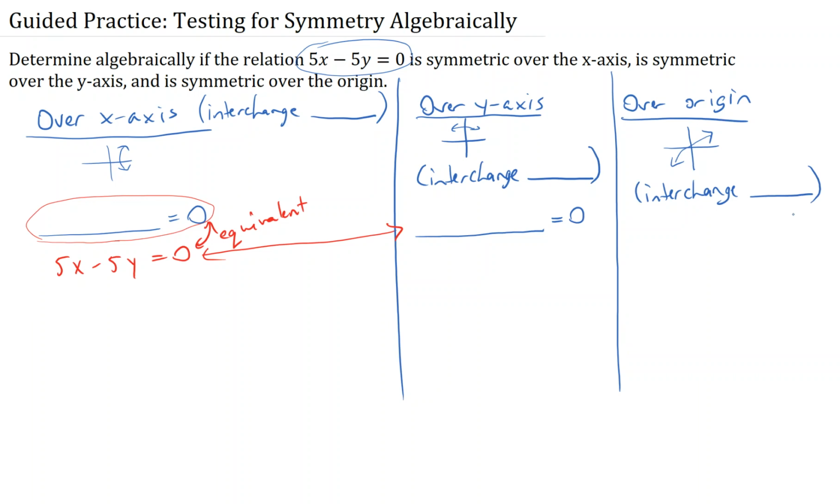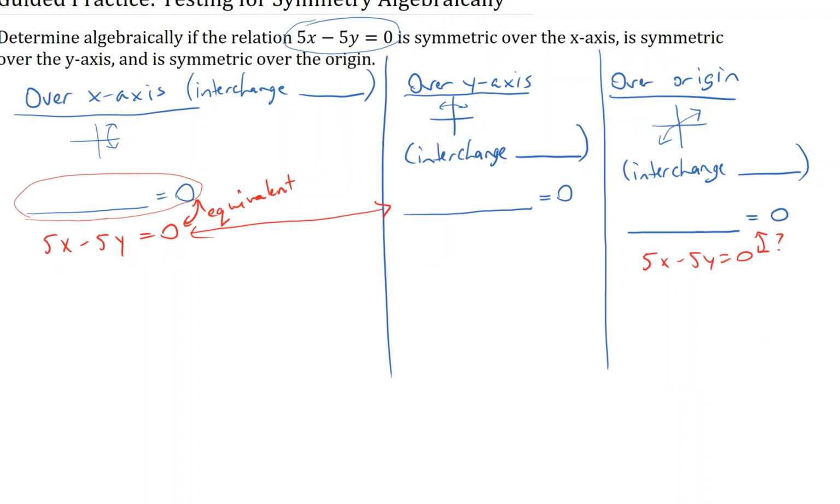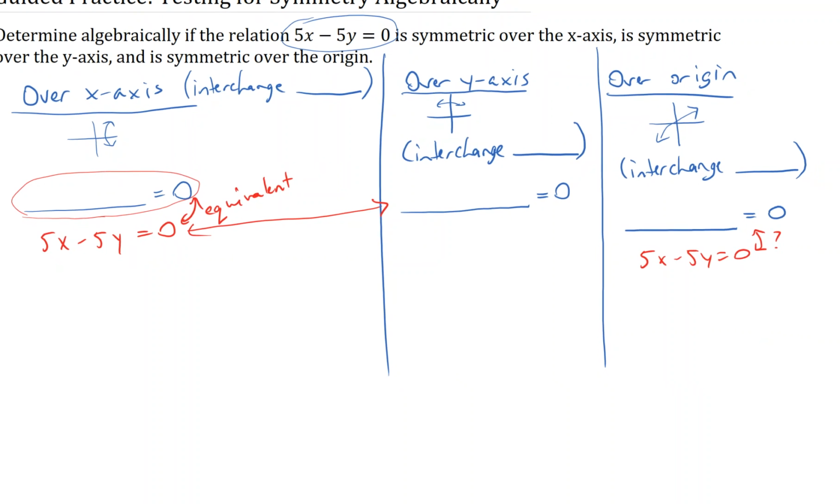Fill that in, pause if you need to, and then rewrite the original relation again after you've made the interchange of x or y or whatever. And again, compare to the original to see if they're equivalent, and make your conclusion about whether this relation is symmetric over the origin. Once you've done that, come back and check your answers.